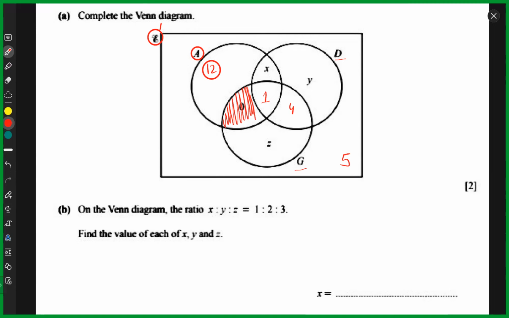Okay, let's put this thing in words. Okay, so this red highlighted region, let me just shade that properly. It's this entire region.